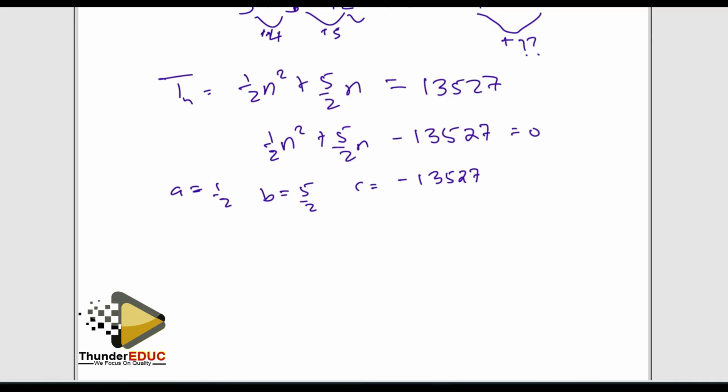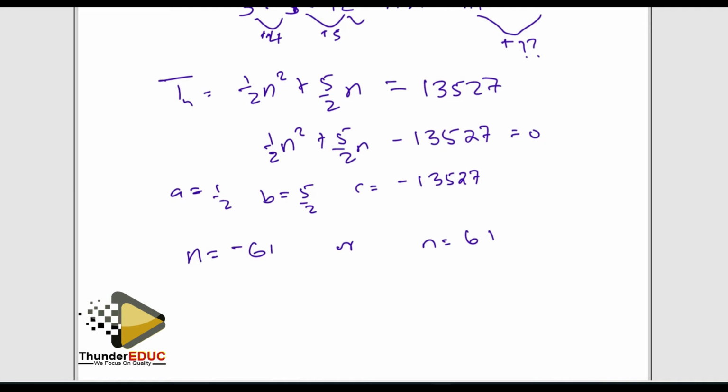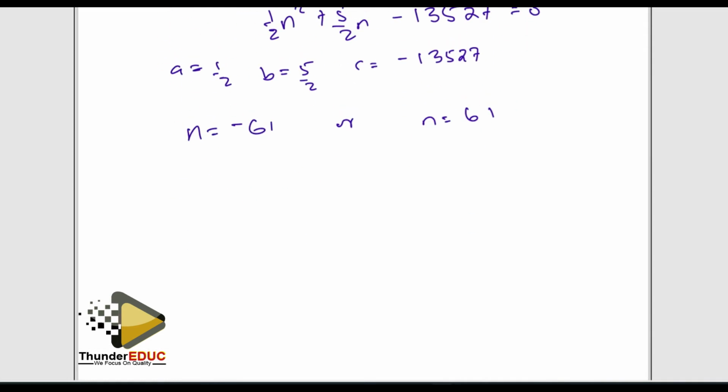Then when I use the quadratic formula, I'm getting n to be either negative 162 or a positive 162.